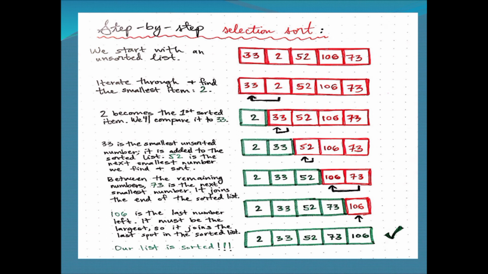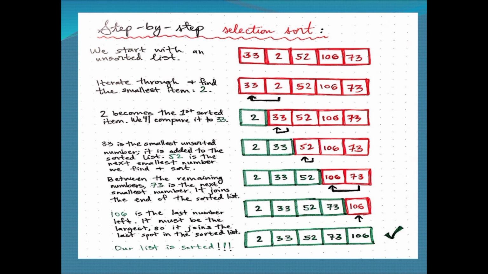And after that again I searched for the next smallest element, that is 73. Since 73 is not in order, I have to swap it and place it in order. And after that swapping, my list becomes 233, 52, 73 and 106. And after that I will check all the elements whether they are in order or not.